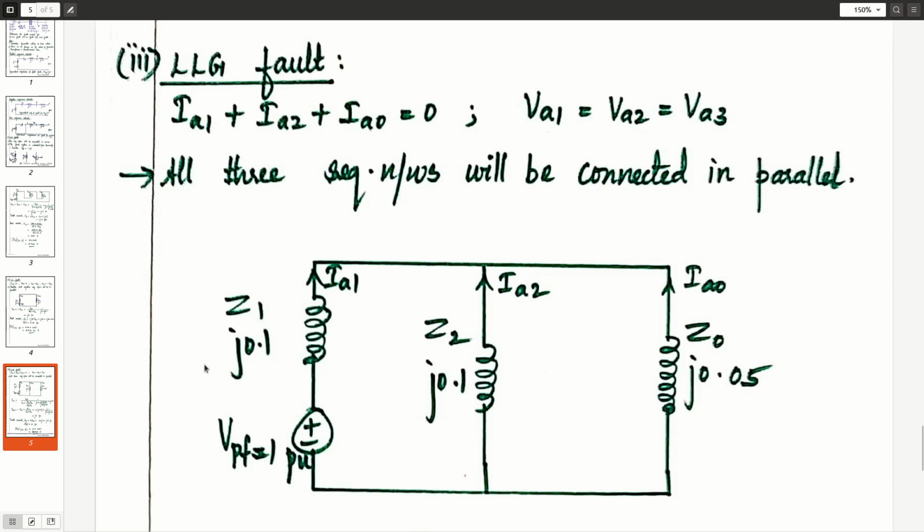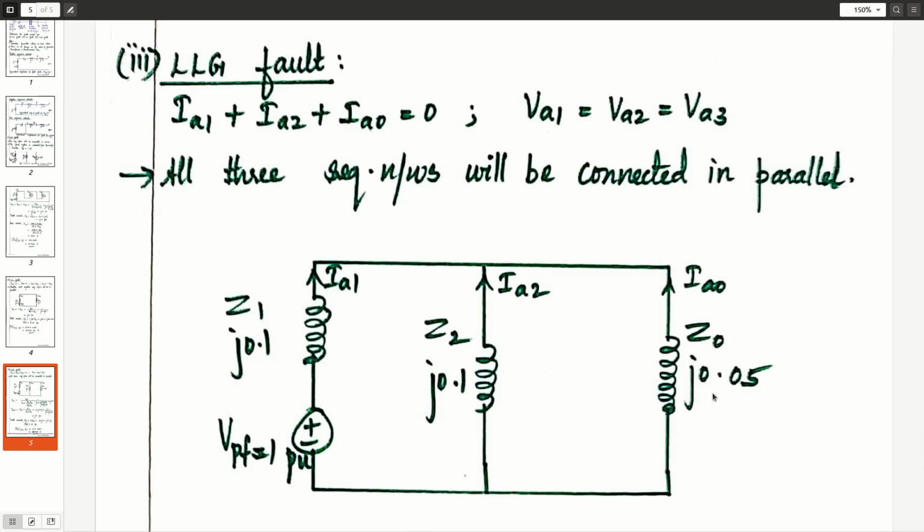So we connect the Thevenin's equivalent positive sequence network, Thevenin's equivalent negative sequence network and Thevenin's equivalent zero sequence network in parallel. Okay, and we write down the corresponding values J0.1, J0.1 and J0.05.